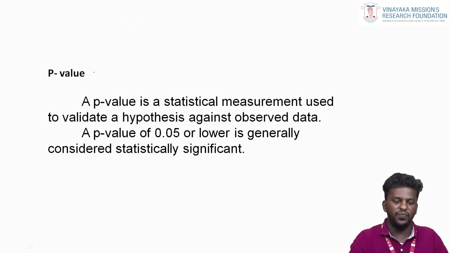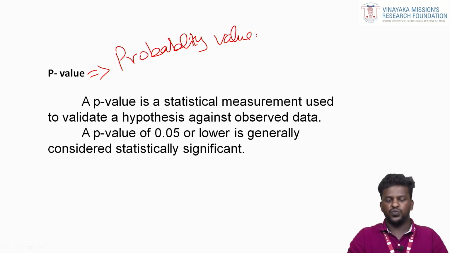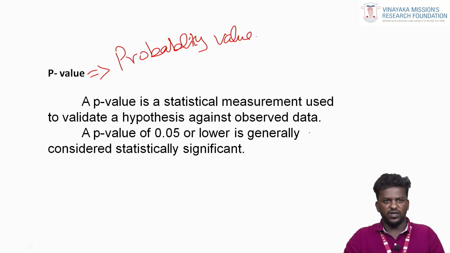Okay. Then p value. So p value means probability value. The p value is a statistical measure used to validate a hypothesis against observed data. So p value also plays an important role in making a decision about the hypothesis. The decision means we fail to reject the null hypothesis, that means accept the null hypothesis, or reject the null hypothesis.